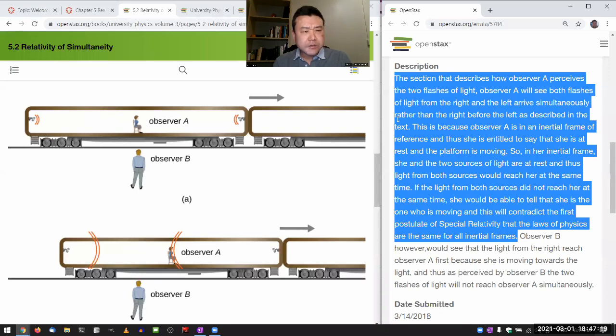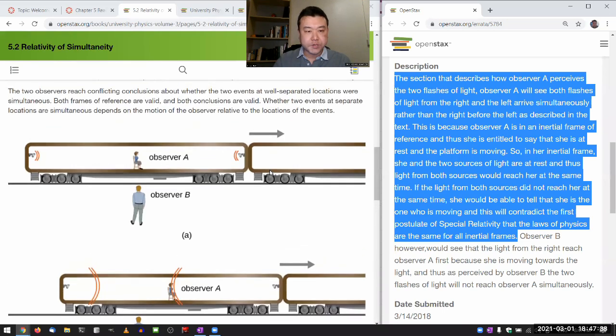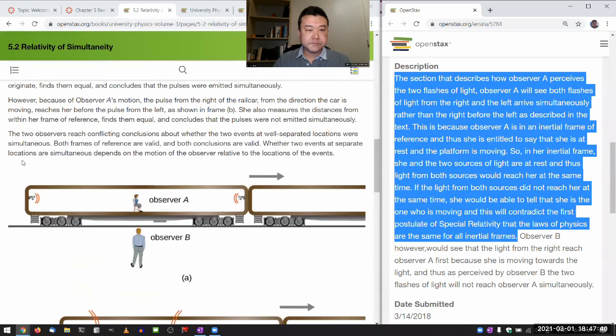In fact, the textbook encourages, probably too strong a word, the textbook description doesn't prevent this kind of mistake here. So this is the textbook description of these events.